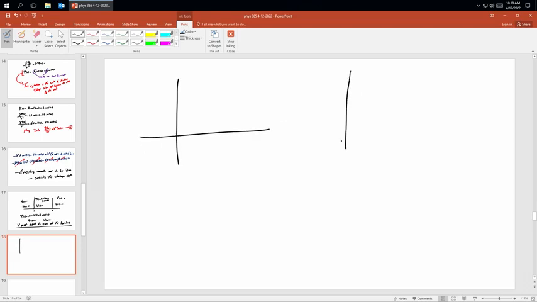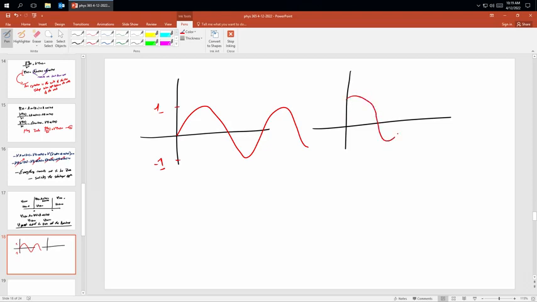Let's say this is your sine wave. So you go from here to here to here. Amplitude 1, minus 1. And you say this is your cosine.